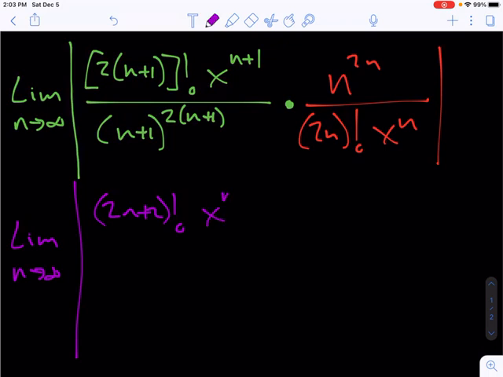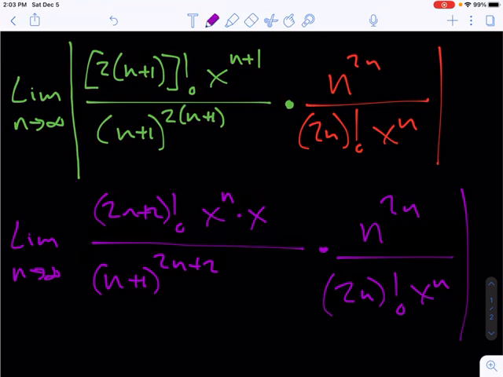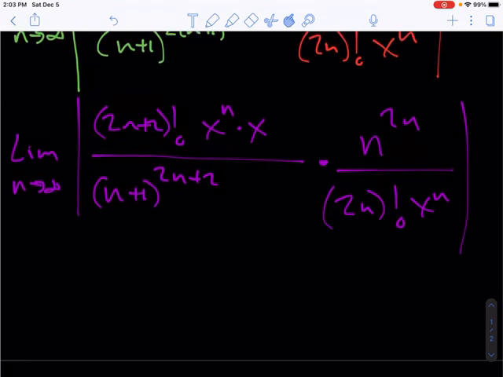That could be rewritten as x to the n times x. The denominator would be written as n plus 1 all raised to the 2n plus 2 power. And then we have our a sub n, which right now I'm not doing anything to. So we can do a little bit more playing around algebraically with this.